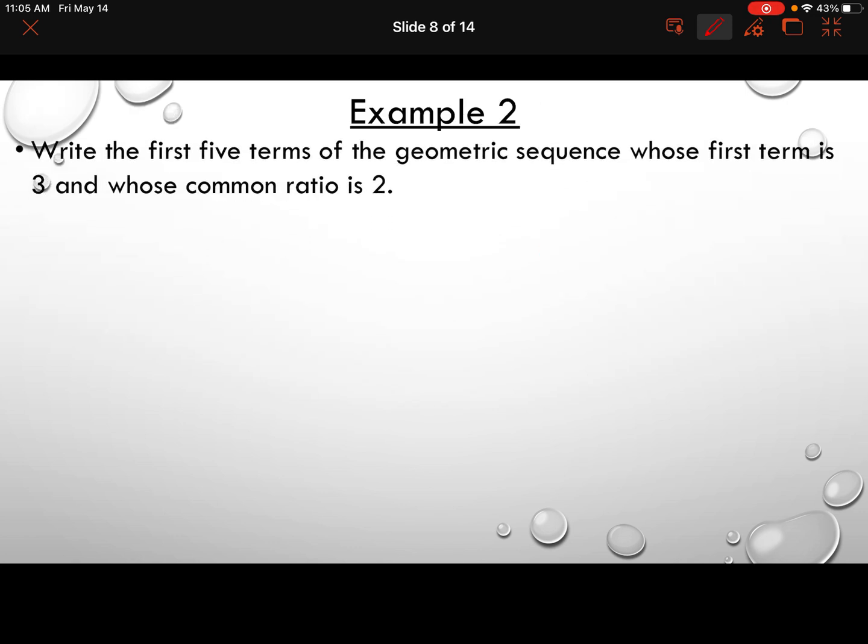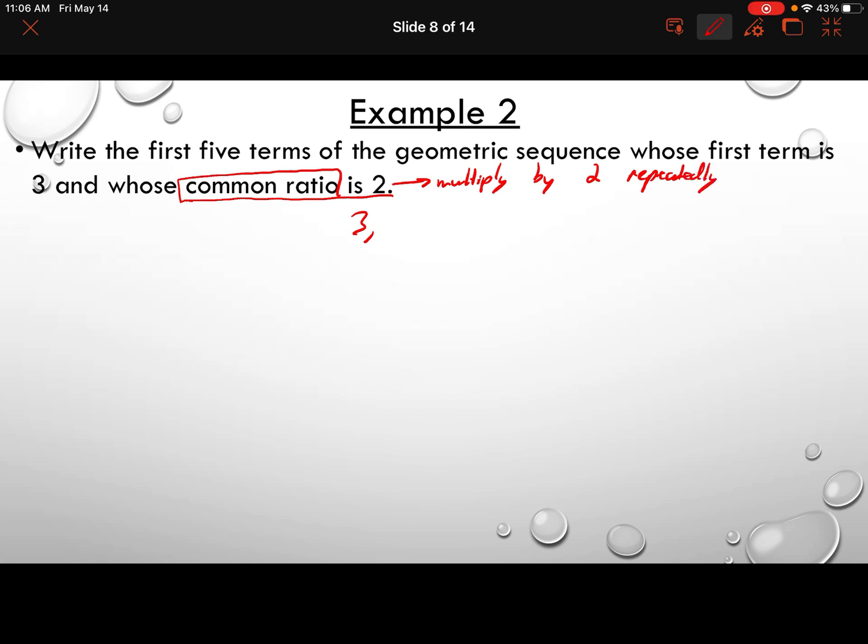So example 2. Write the first 5 terms of the geometric sequence whose first term is 3 and whose common ratio is 2. They tell us that our first term is 3 and our common ratio is 2. In other words, that is the number that we're multiplying repeatedly. Multiply by 2 repeatedly.